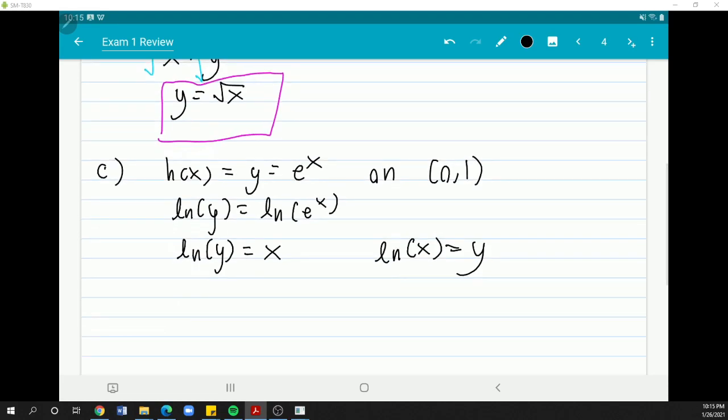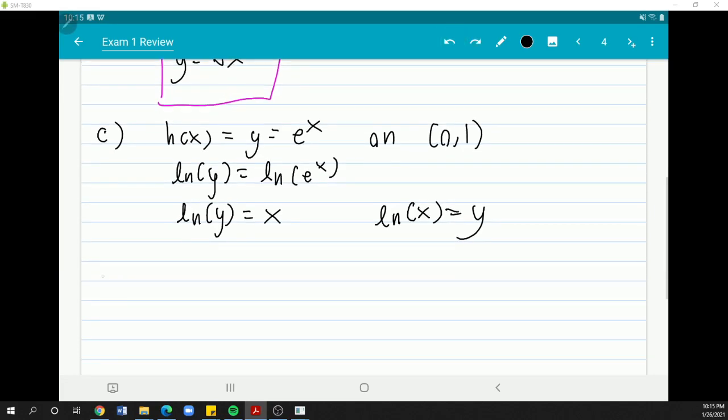And then what's the domain of the inverse function? It's going to be the range of the original. So the range of h of x, let's see. We know e to the x is increasing.